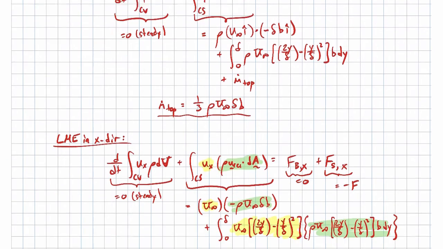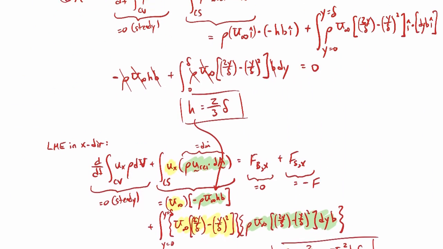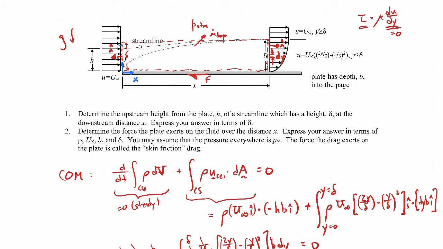Okay. And then we actually have one more linear momentum term, and that is out through the very top. Because we have some mass flow rate out, that mass flow rate out is not going vertically. I tried to give you a hint about that when I drew it at an angle. You can see that the velocity right along this top is u infinity everywhere. Here it's u infinity, out here it's u infinity.